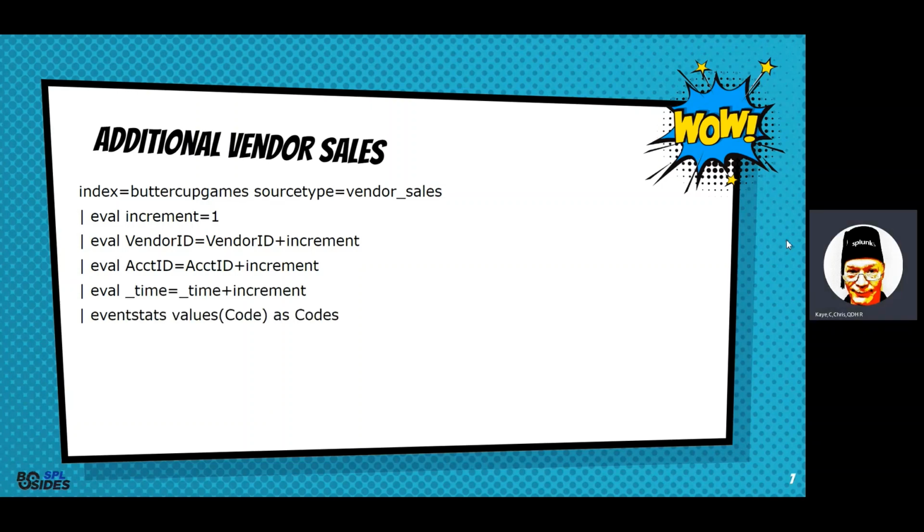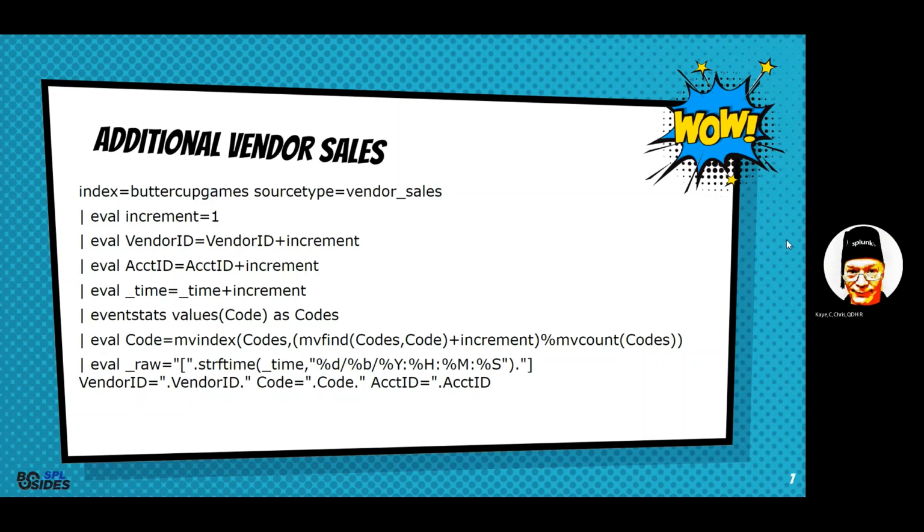I also cycled the code through to the next code in the sequence. I recreated the raw field using these new values and exported it to a file. Note that I found in my environment the file works better in Unix text file format rather than Windows.